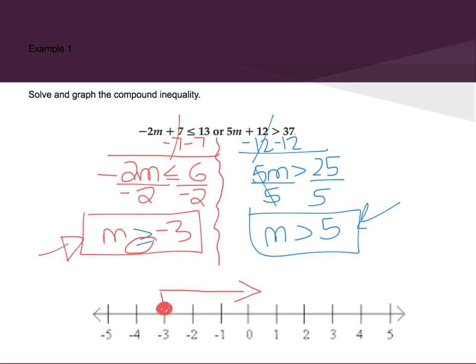And now we're going to graph m is greater than 5. There is no equal to symbol here, so I leave the circle open, and I also shade to the right. Now, it is okay for the inequalities to overlap if they're both going in the same direction, but it is not okay if they are going in opposite directions. So in this case, this is what our graph would look like.